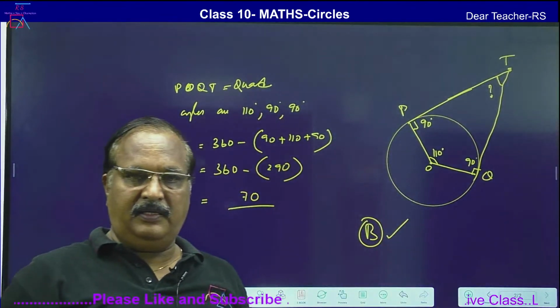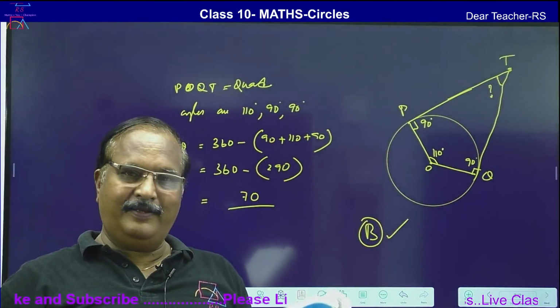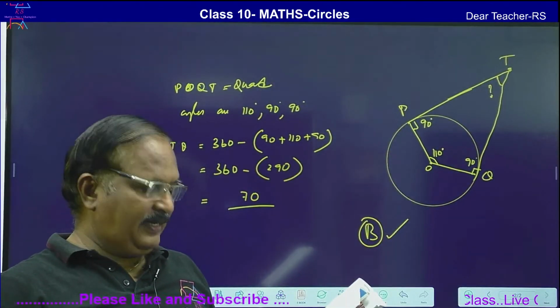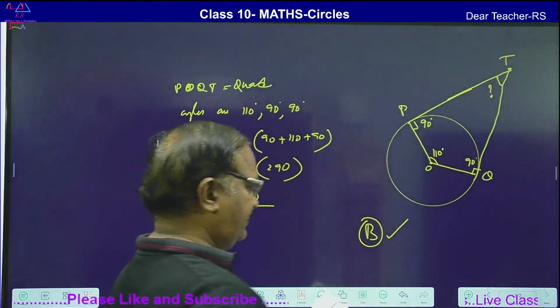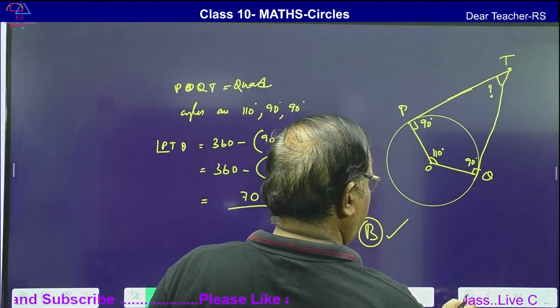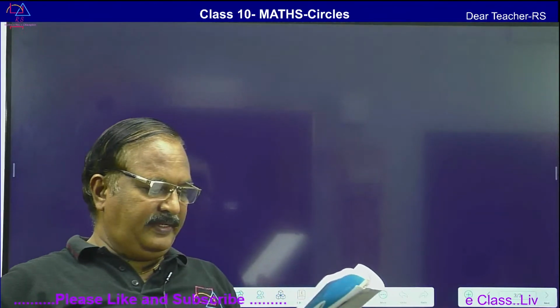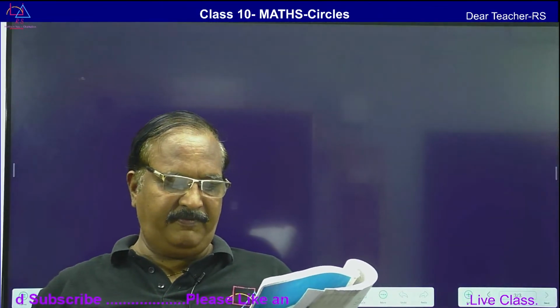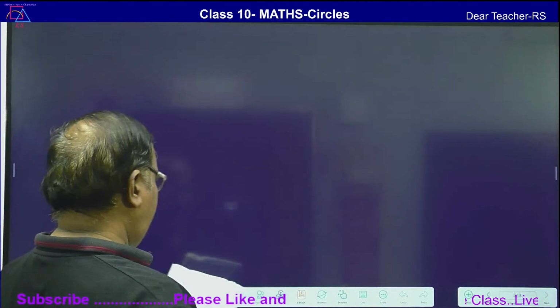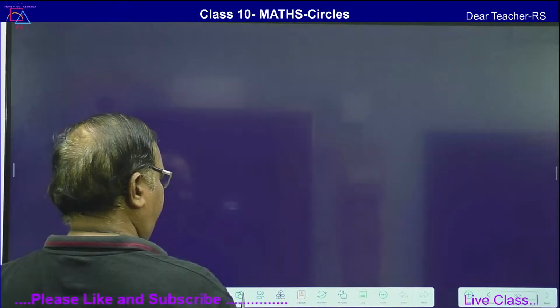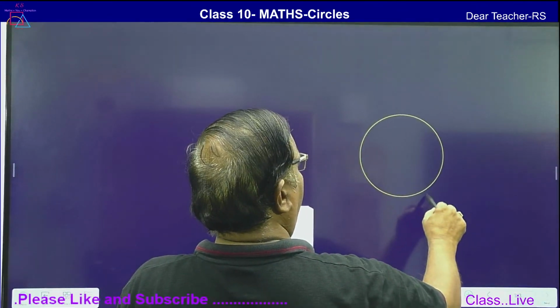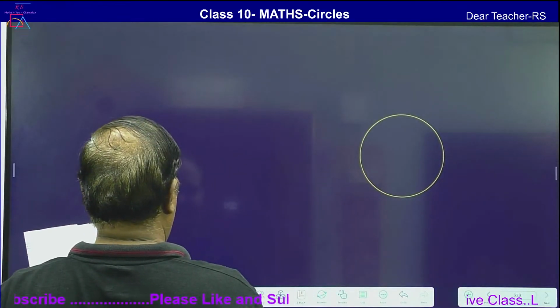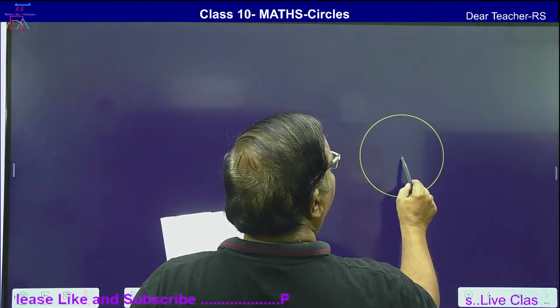Okay, so let us go to the next question, third question, exercise 10.2, third question. Tangents PA and PB from the point P. Diagram is not given. Read the question and draw the diagram. Okay, so again I am drawing a circle. For me it is very easy.